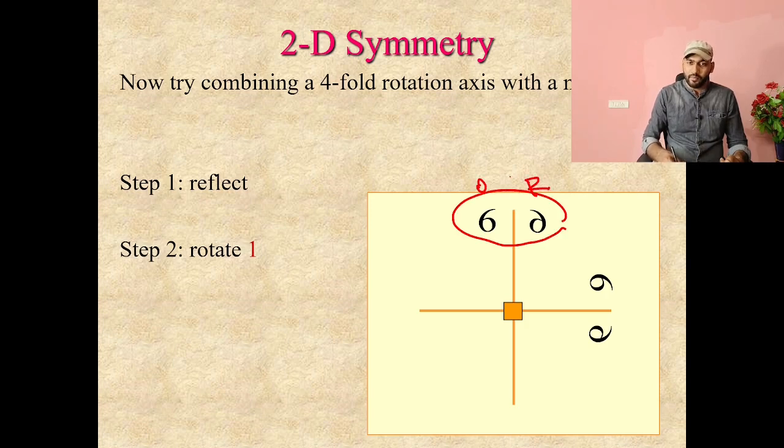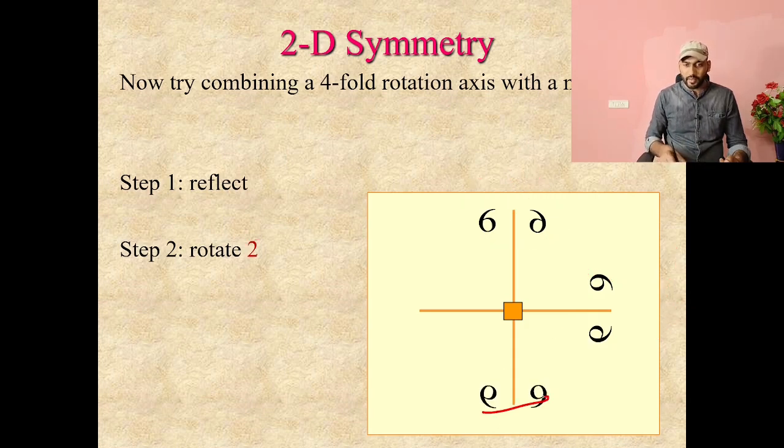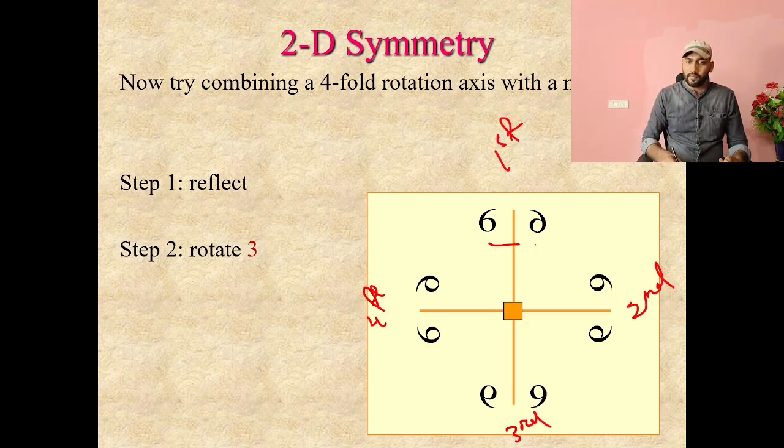Now this becomes one unit. This is the second repetition, then third repetition, and then fourth repetition.